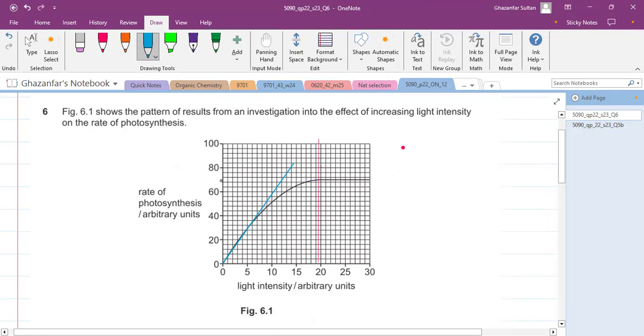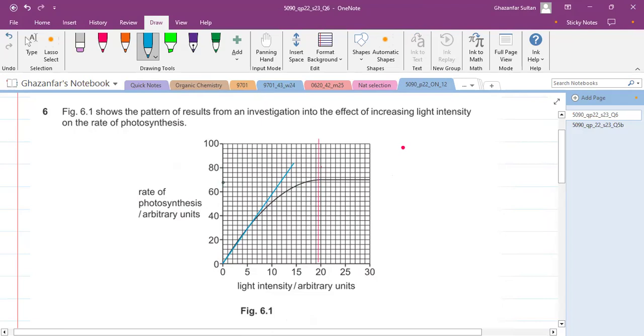And at this point, the rate of photosynthesis is about 60, 62, 64, and 65. Not 65. If it is 80, so 1, 2, 3, 4, 5, every small division is equal to 4 arbitrary units of rate.